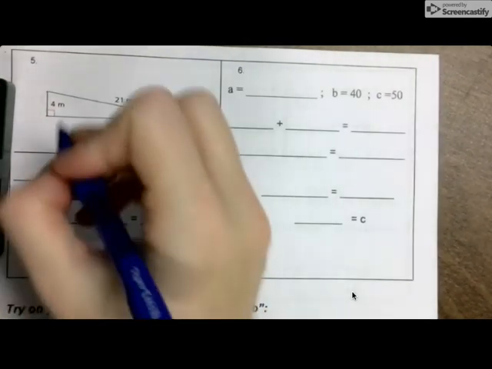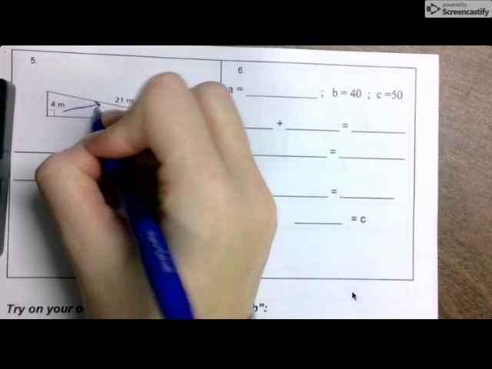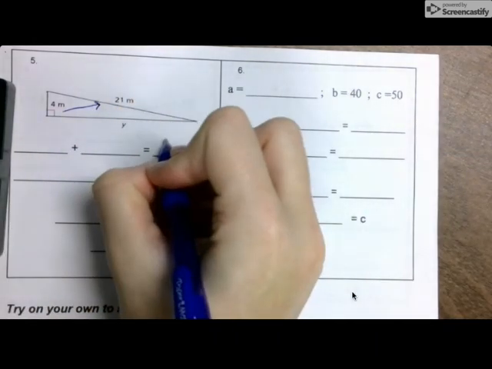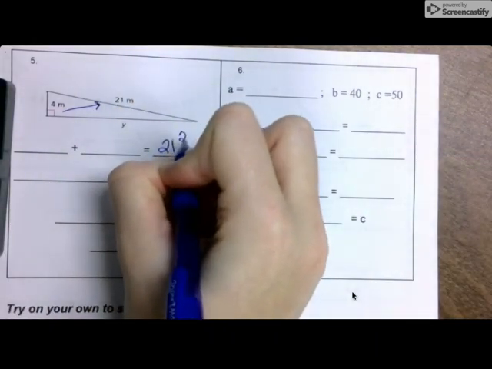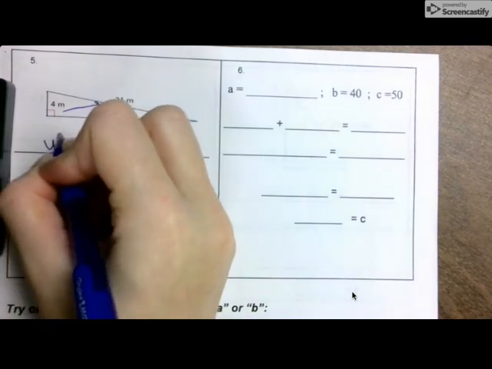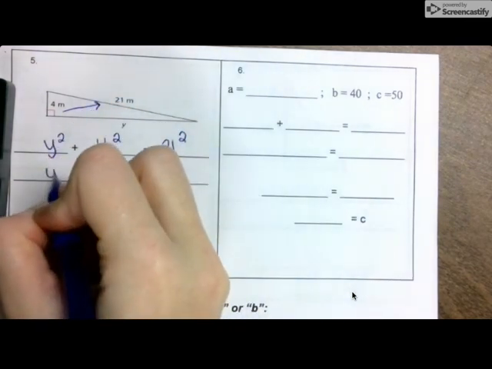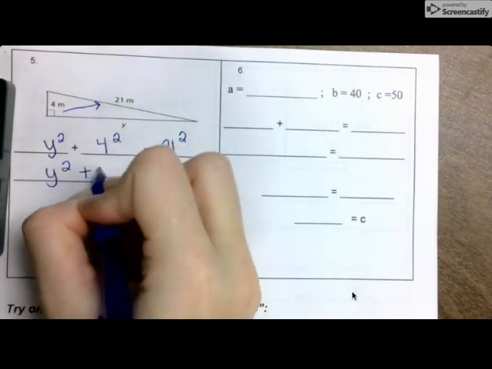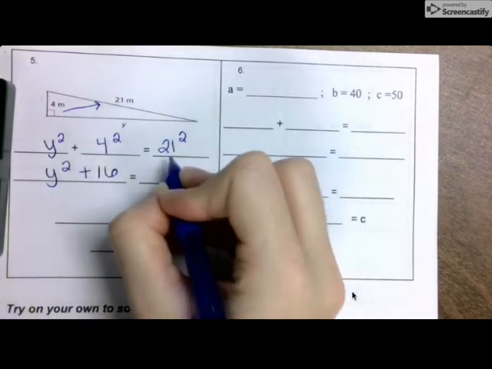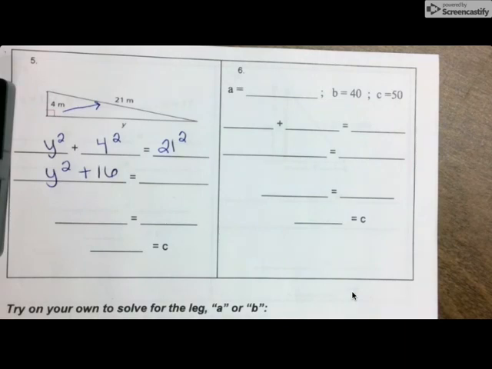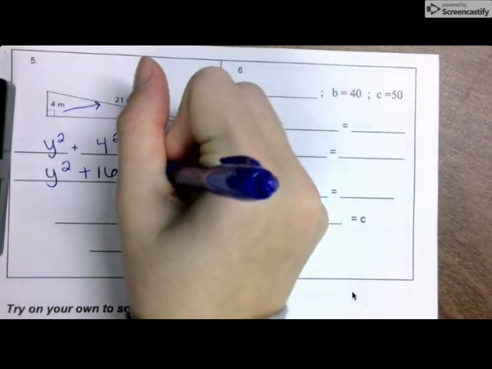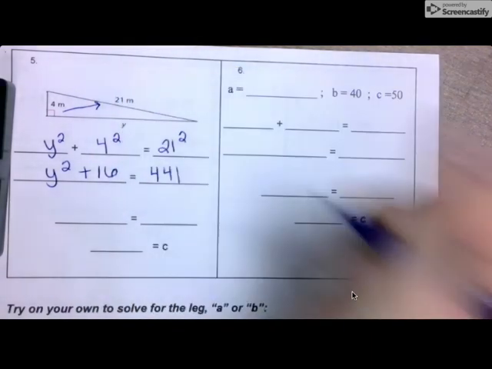All right, across from the right angle is 21. I have a y squared and 4 squared. 4 squared is 16. 21 squared is 441.